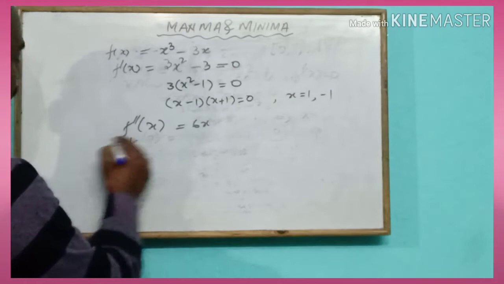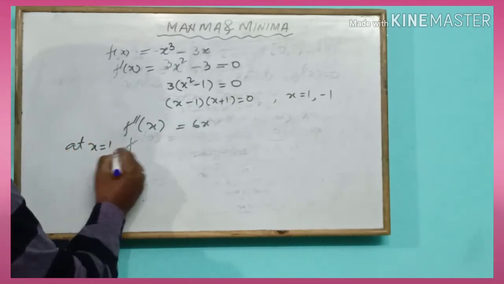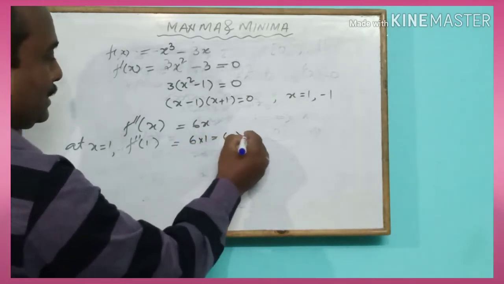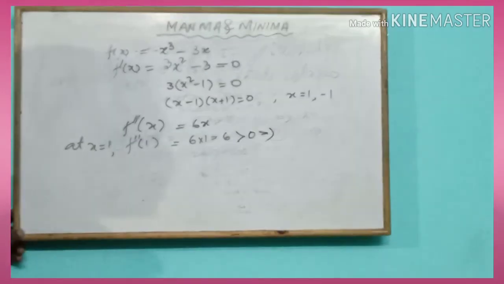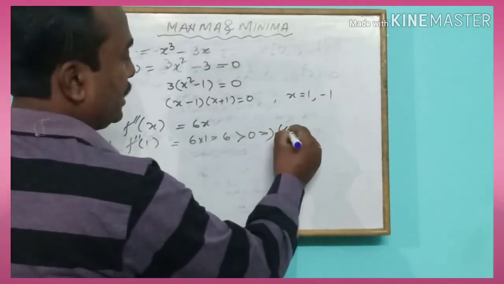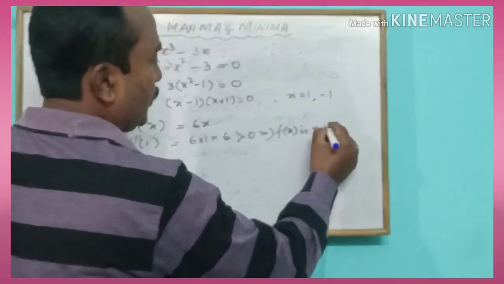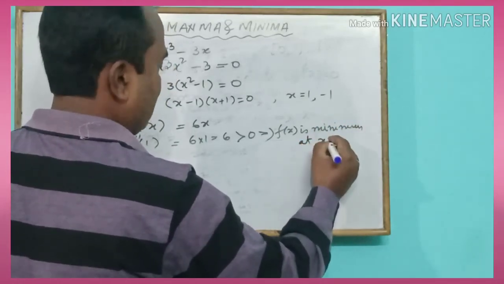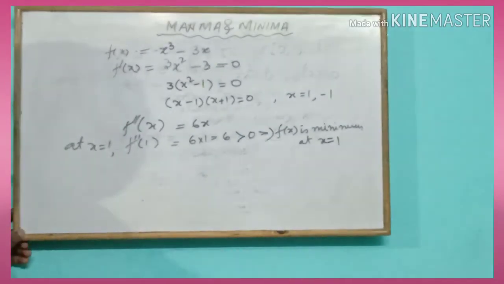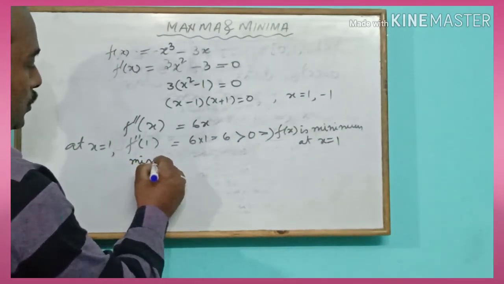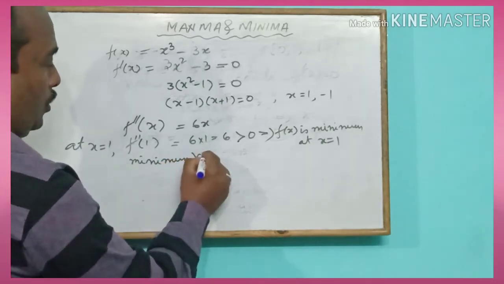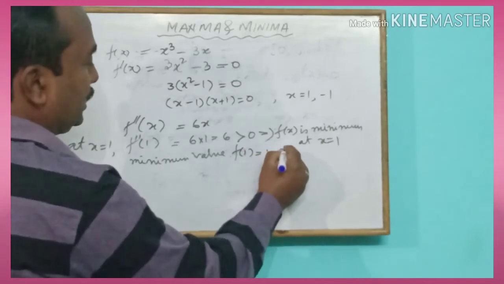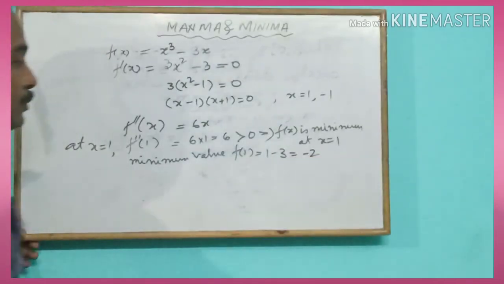Now at x equal to 1, f''(1) is 6 into 1, that is 6, which is greater than 0, implies f(x) is minimum at x equal to 1. For finding the minimum value we put it here, f of 1 is 1 minus 3, that is minus 2.